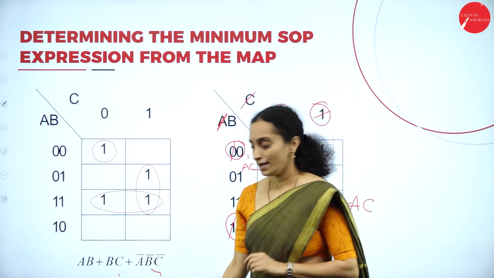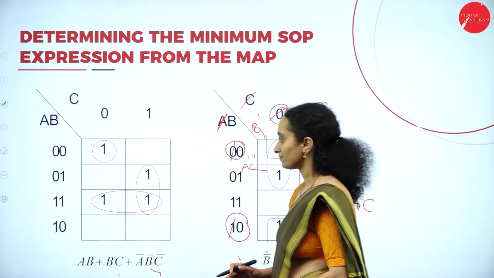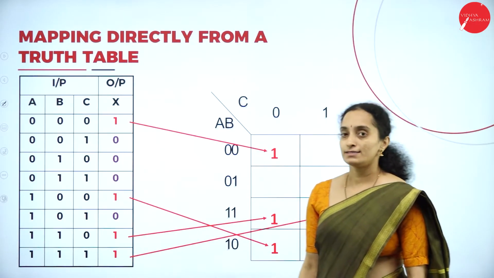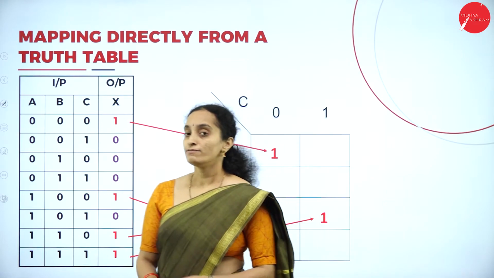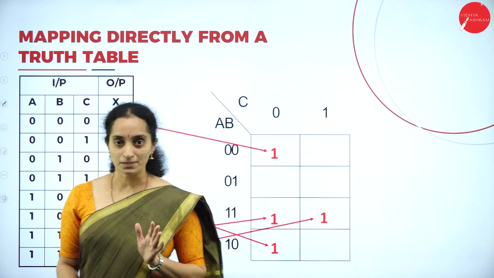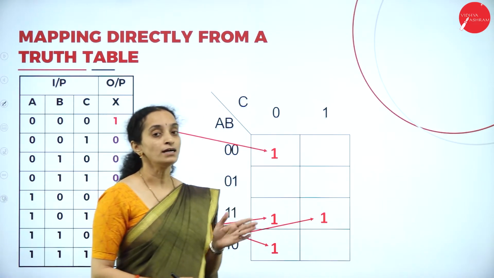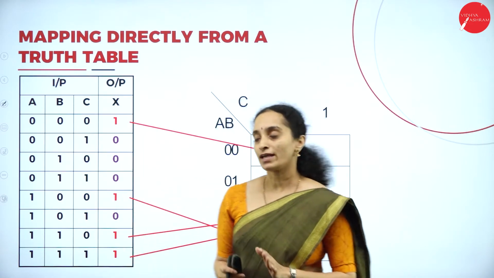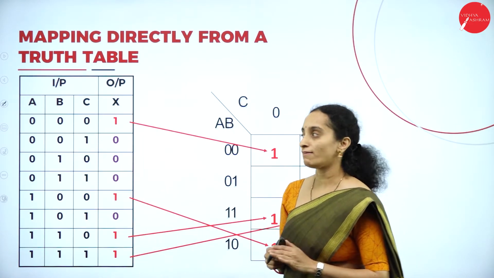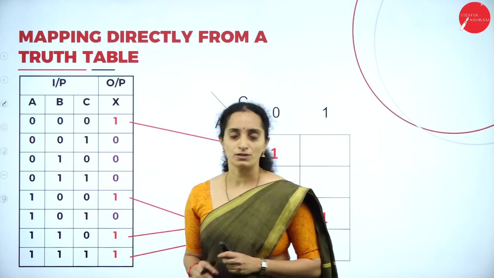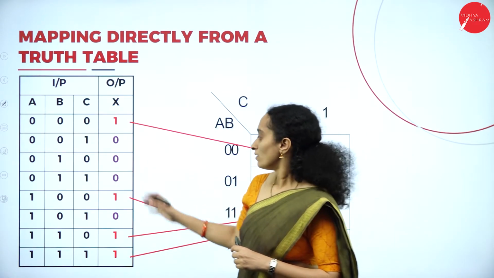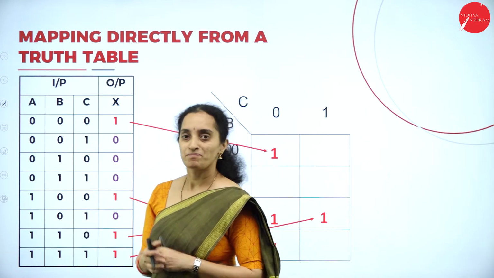Let us look at another example. This is the example where we don't have the min terms, but we have been given the truth table. You can directly specify the values from the truth table. You need not worry about expressions or min terms.